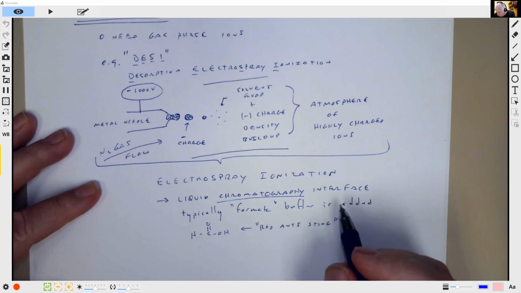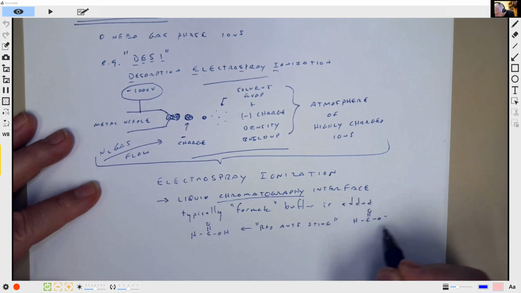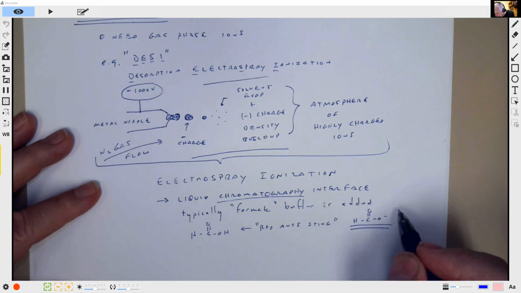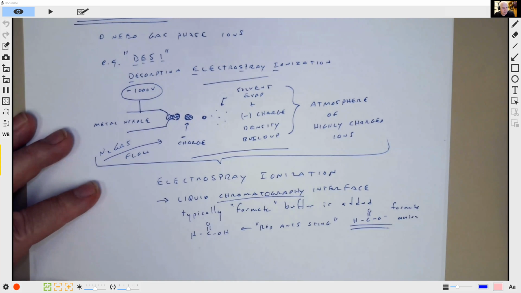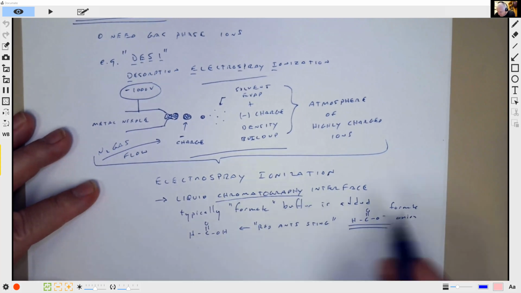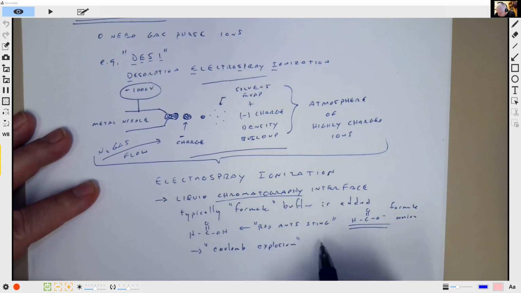And it's actually a reasonably strong acid, so you get HCO2 minus, and this formate anion charges up the droplets and causes what is called Coulomb explosion of the droplets.